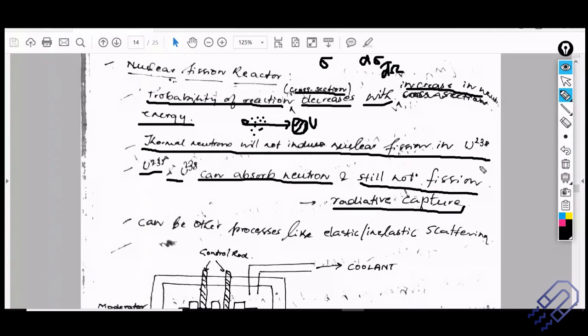That is also a possibility, and that is why having the energy of the incoming neutron at a fixed rate is very important. This is more or less controlled in nuclear reactors. There is also a possibility that if the neutron is fast and not slowed down, there might be elastic or inelastic scattering, and that is not the aim. That is why nuclear reactors are designed in a specific way.